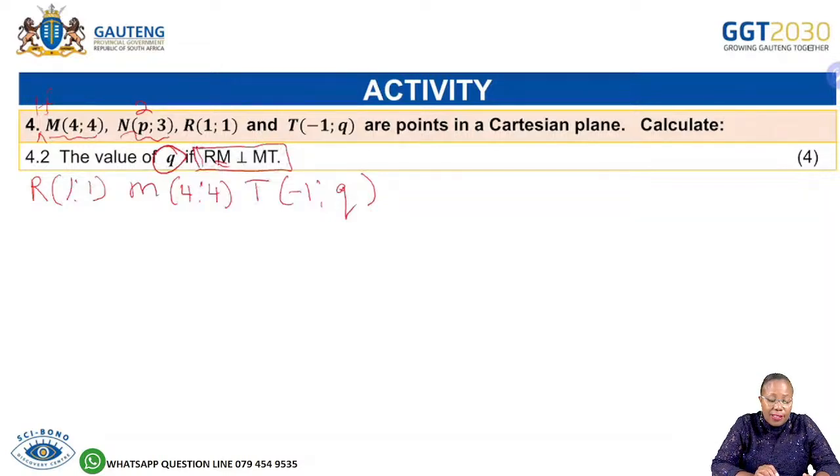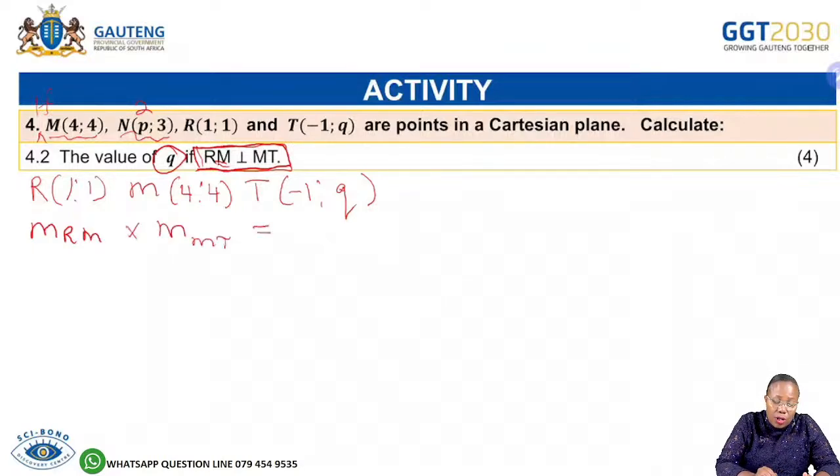What is given here is that RM is perpendicular to MT. Do you still remember perpendicular lines? The product of the gradients is equal to minus 1. So that simply means the gradient of RM multiplied by the gradient of MT is equal to negative 1.